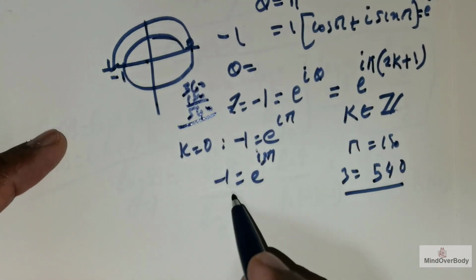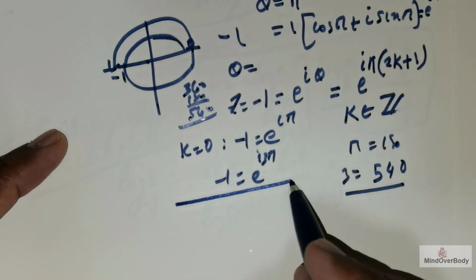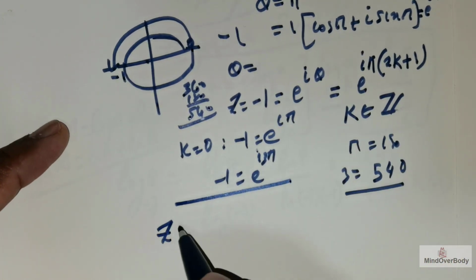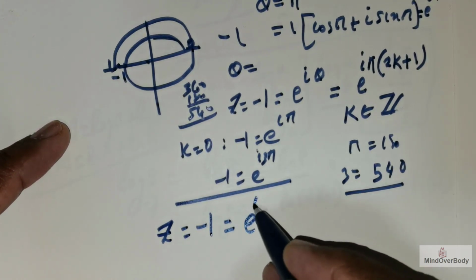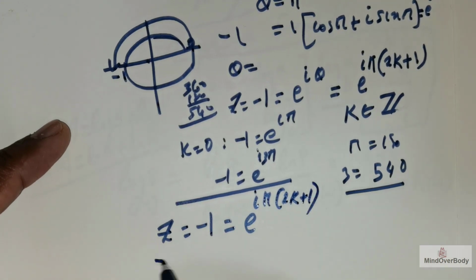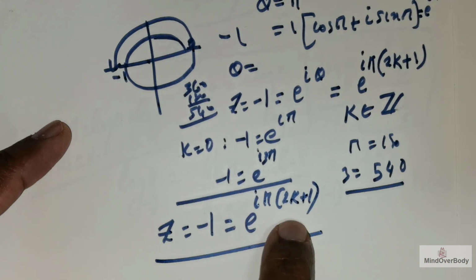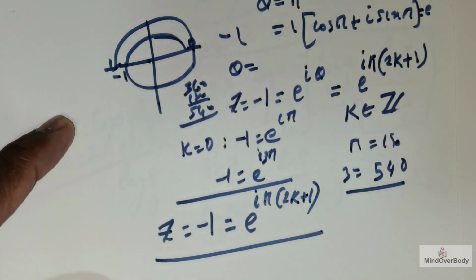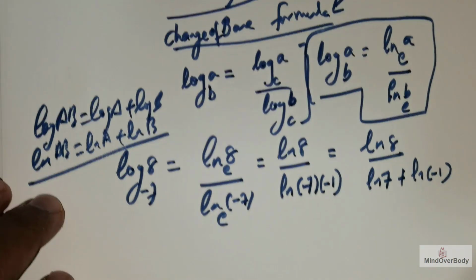So this is going to produce all the values. Let me rewrite this: z = -1 can be produced by e^(iπ(2k+1)). So I have a representation for -1 in the form of complex numbers. Having obtained this, let us go back to the problem.